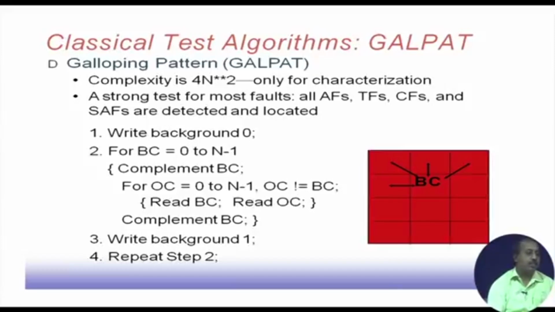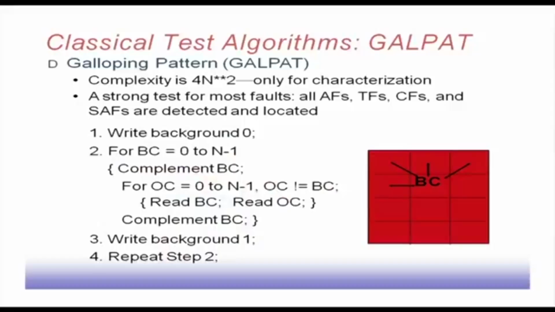It is 4n square. In some lecture we have seen that since the value of n is very large, any algorithm that takes more than linear time is considered very costly. So 4n square is a really costly algorithm, and that is why it is said to be used only for characterization.